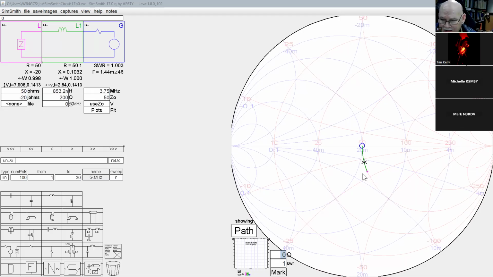So this is the simple example I talked about. You plot R plus jX, and you see I'm on the one ohm resistance line, but I'm not at zero reactance.